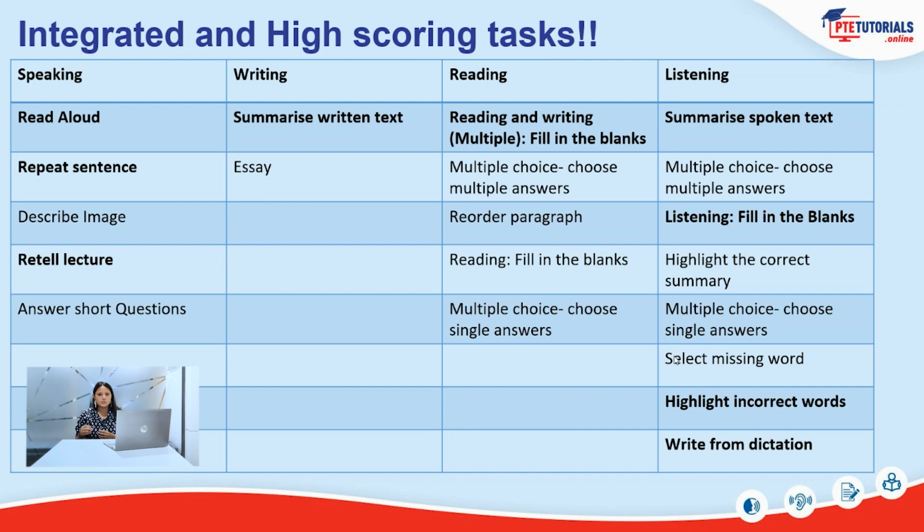Re-tell Lecture, each question is 15 marks. Summarize Written Text, each question is 7 marks. Reading and Writing Fill in the Blanks, each question is somewhere near 3 to 7 marks. Summarize Spoken Text, each question is 10 marks. Listening Fill in the Blanks is again 3 to 7 marks. Highlight Incorrect Words is 3 to 7 marks, whereas Write from Dictation is 8 to 20 marks.